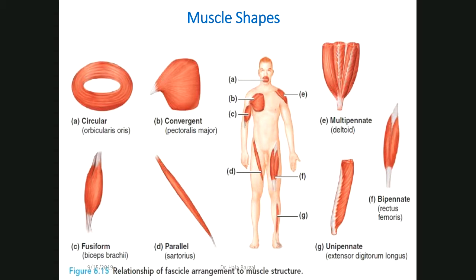This is the second classification of the muscle according to the arrangement of the muscle fascicles. First classification: red, white, and intermediate, according to the abundance of the myoglobin or mitochondria. Then, according to the arrangement of the fascicles or the muscle shapes, right?